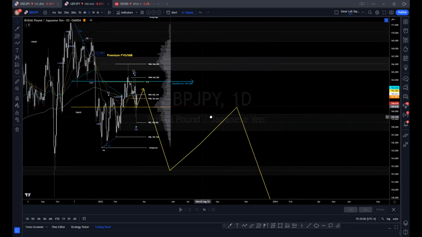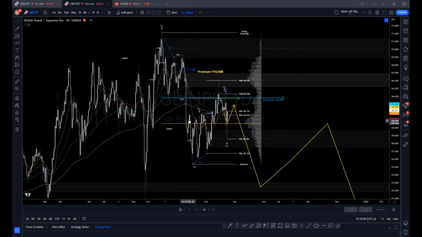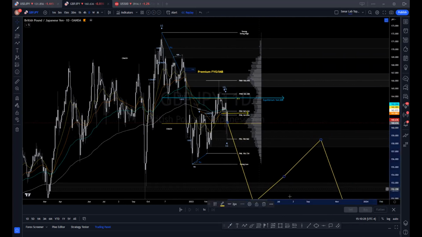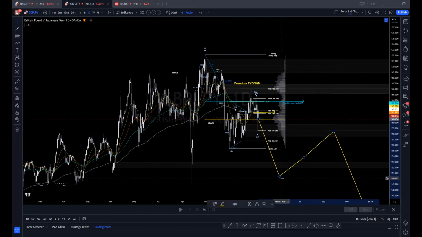Okay, on the daily, what we're looking at? We're here. We're in an uptrend. Guess what? We're now in a downtrend. So we got this low here that was broken. We came back up, and now we're looking a little bit lower. So this right here is what I am looking for.